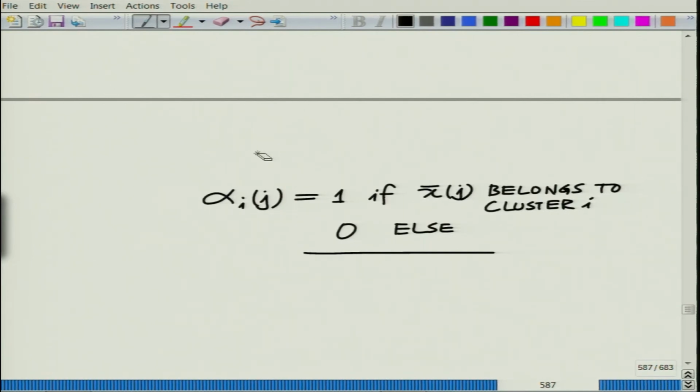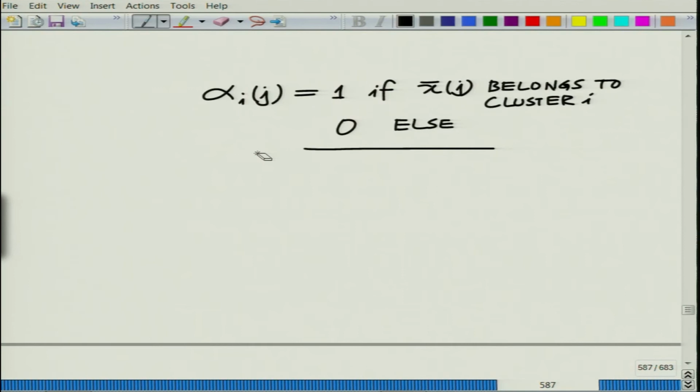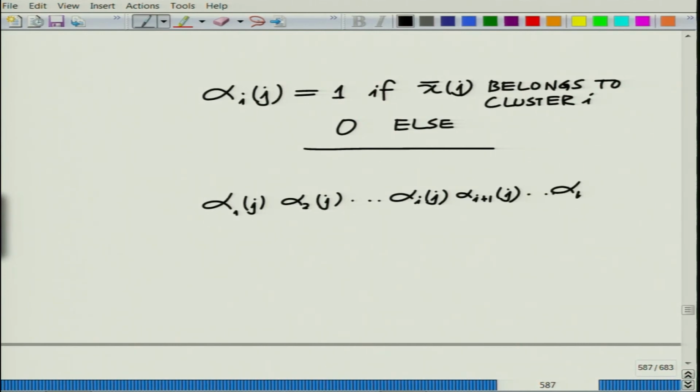So we will have alpha 1 j, alpha 2 j, and so on, alpha i j, alpha i plus 1 j, up to alpha k j, one for each cluster for each point j. If the point belongs to cluster i, this will be 1 and the rest will be 0.